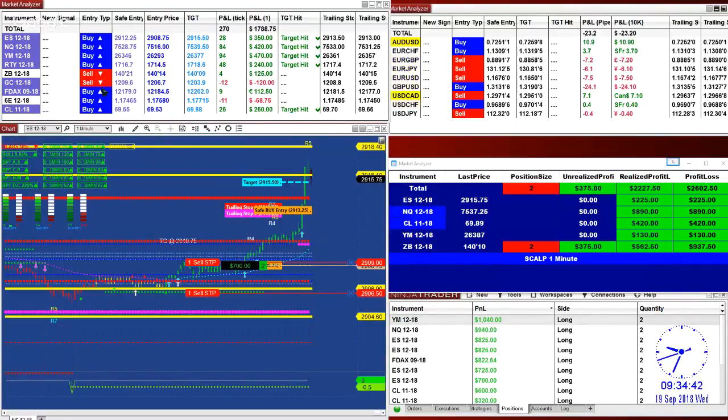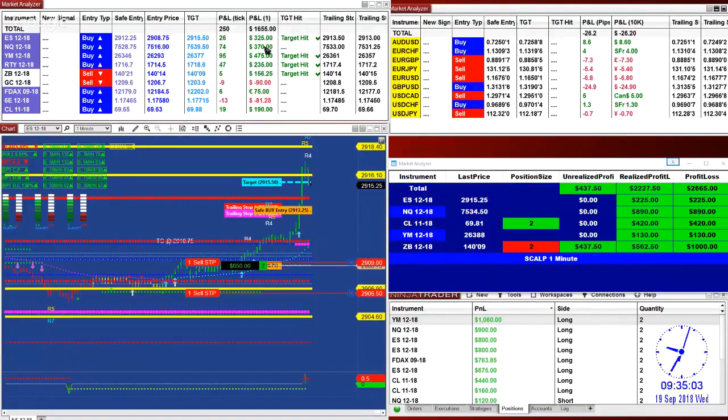Then it gives you the direction and a safe entry as a pullback re-entry where we're going to be entering the market. Entry price, as an example, now is 2908.75. The target is 2915.50. And then we are at 26 ticks from that signal trade.